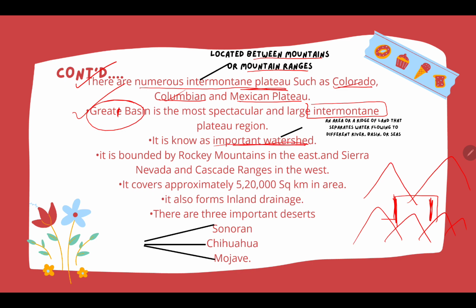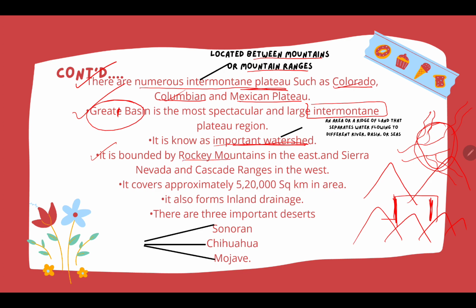What do you mean by watershed? A watershed is an area or a ridge of land that separates water flowing to different rivers, basins or sea. So if water is going to the sea, or to a river, or to different parts, that particular area is called a watershed.